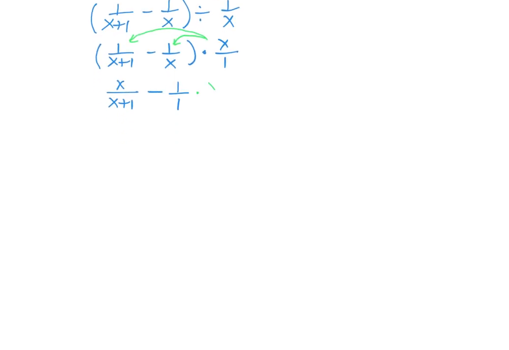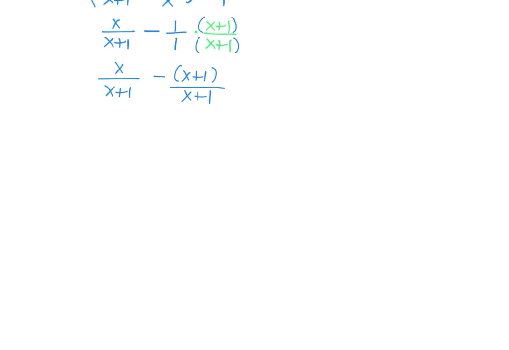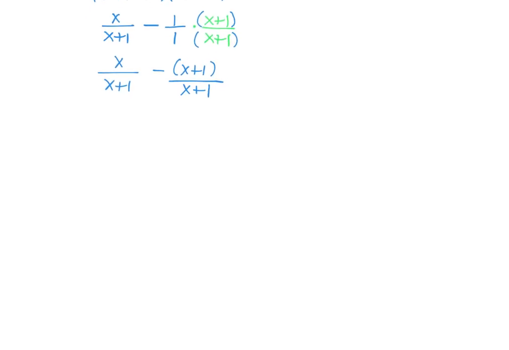The second one I need to multiply top and bottom by x plus 1, which gives me x over x plus 1 minus, now remember this is in parentheses and you have to distribute that negative. Same denominator. In the numerator, it's going to be x minus 1. So I'm just going to write that as negative 1 over x plus 1.